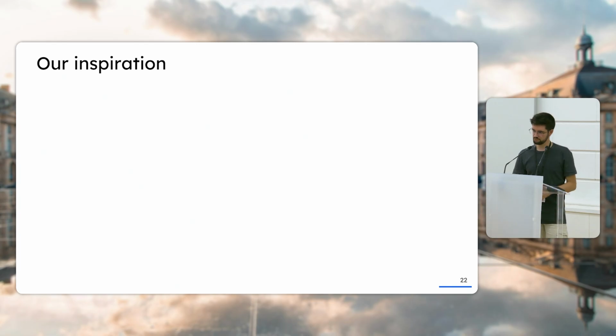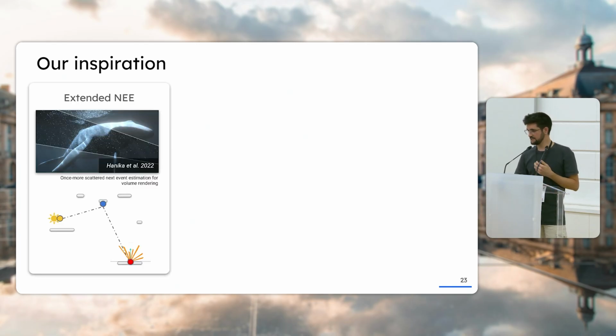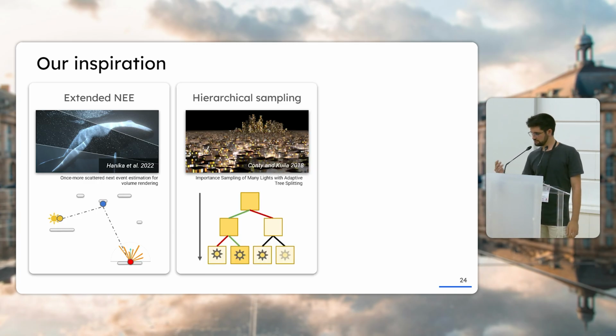So to devise our solution, we draw inspiration from mainly three categories of works. So first there is extended next event estimation works, such as the ones by Hanika et al. or manifold-based next event estimation, which inspired us with this idea of importance sampling an additional vertex. And continuing with the many lights analogy, we were also inspired by hierarchical sampling methods, such as the one by Conty and Kulla, because we needed a very scalable way to sample a great number of small surfaces.